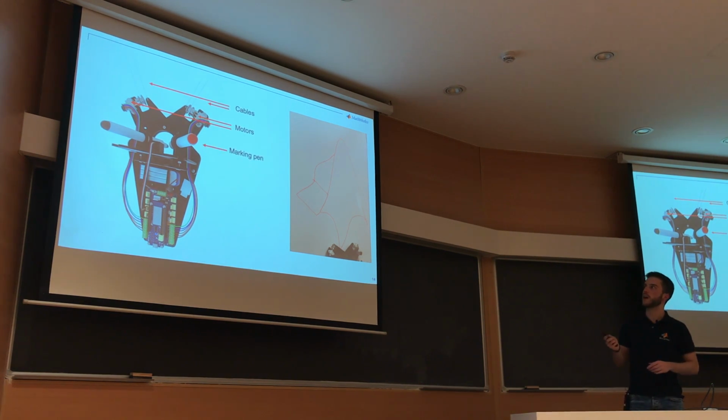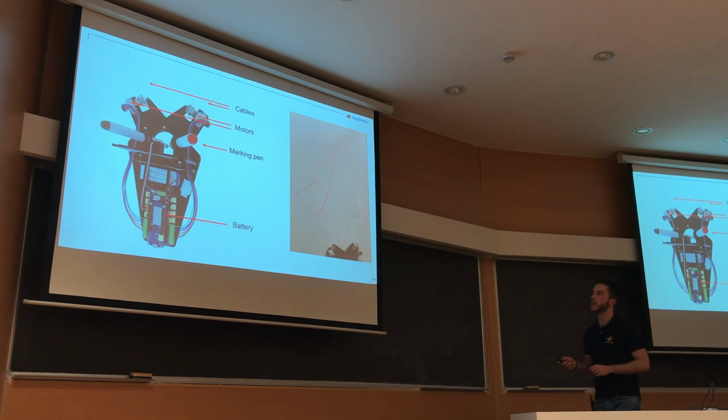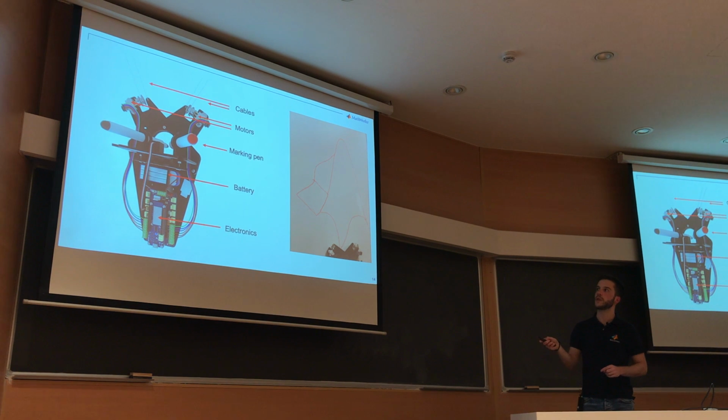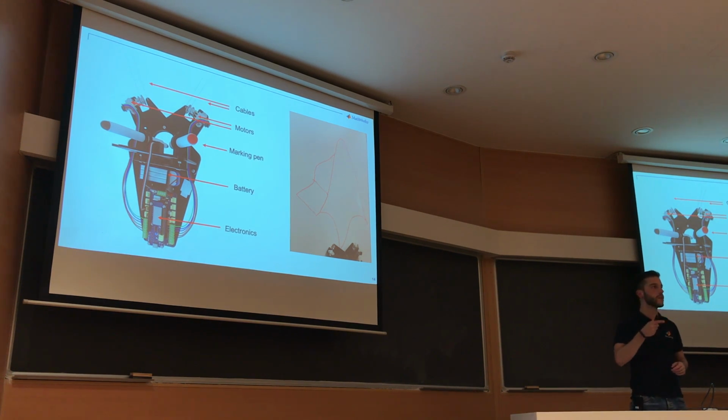Of course, we need some other parts. The marking pen, 2 in our case, is linked to a servo motor in this part, which gives you the possibility to push the pen against the whiteboard or retract it.